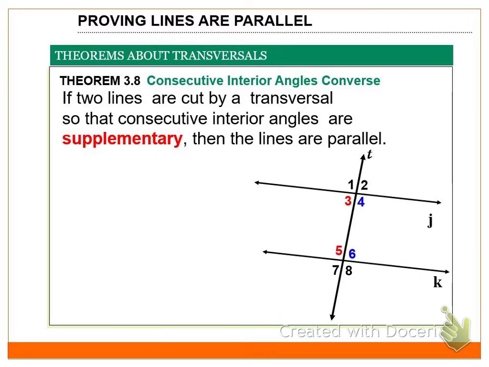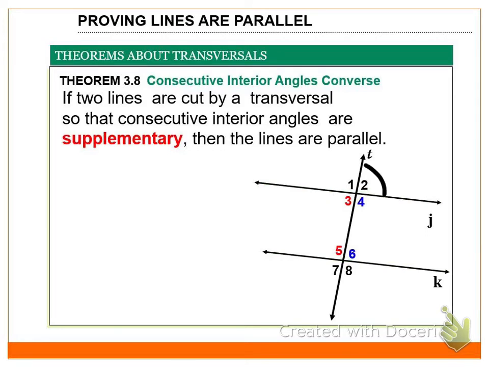So notice which two were not listed. Vertical and linear pair were not listed, and here's why. Let's look at alternate interior. These angles both touch, one touches line J, one touches line K, right?